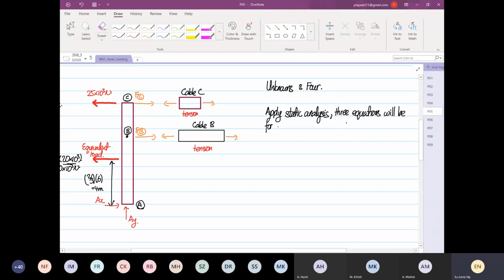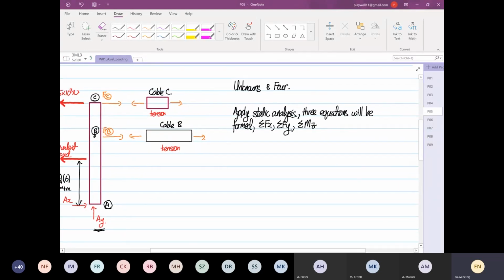Why 3 equations? Because you use summation of forces in the X, summation of forces in the Y. For this case, summation of forces will be absolutely useless. And then summation of moment about Z. So for this case, not even 3, you only get 2 equations by using static analysis.